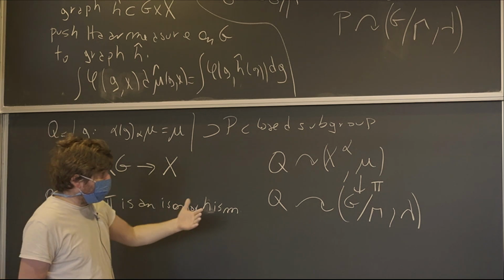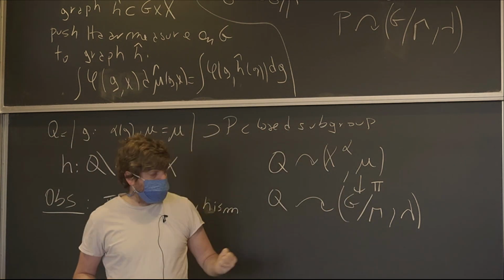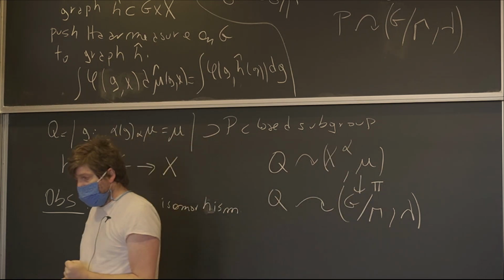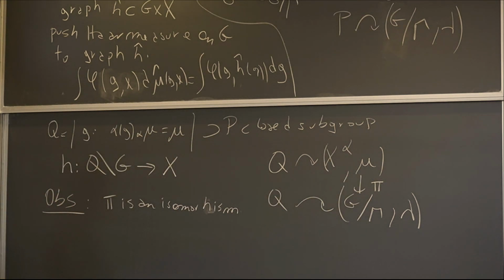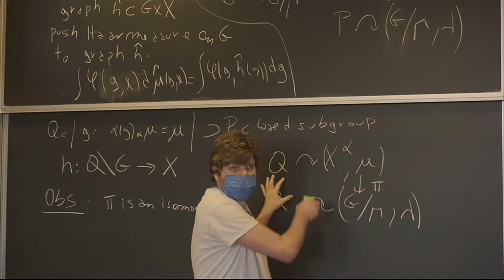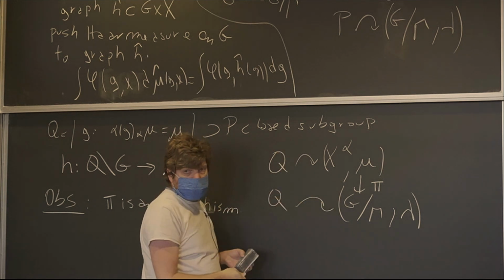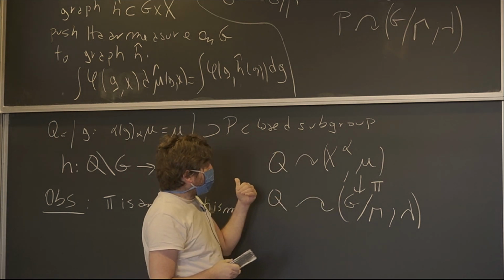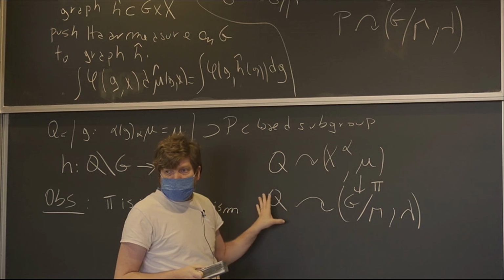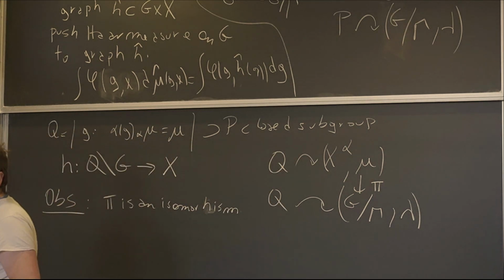So this is an isomorphism, in the measurable sense. It's a bijection mapping measure to measure and conjugating the G action with the G action, even though the measure is only invariant by Q, but the conjugacy happens for all the G action.